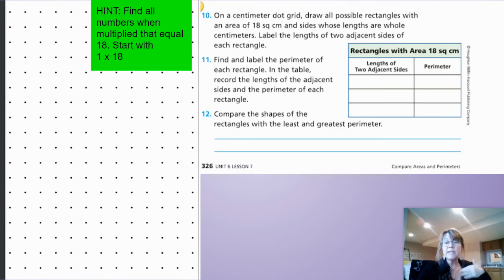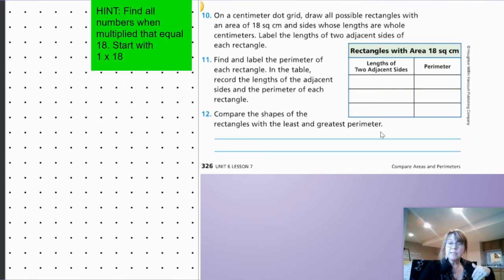We know 1 times 18 is going to be our first one, and think of 2s and 3s. What are those adjacent sides going to be? That's how you're going to find the measurements for the length and width of your rectangles on the paper. Then you'll be finding your perimeter for each one also. And then you're also comparing them, right?